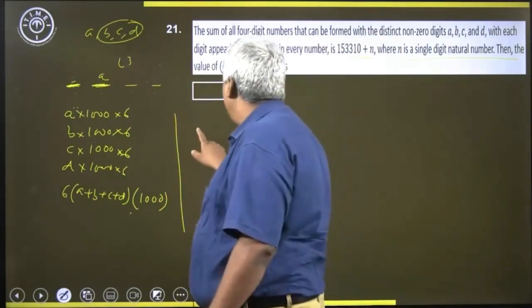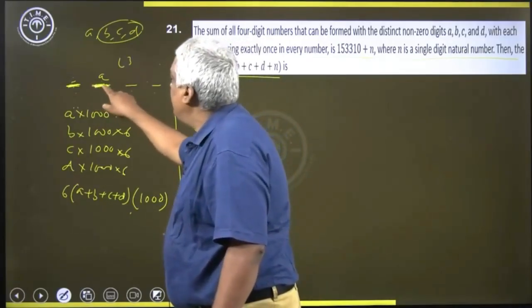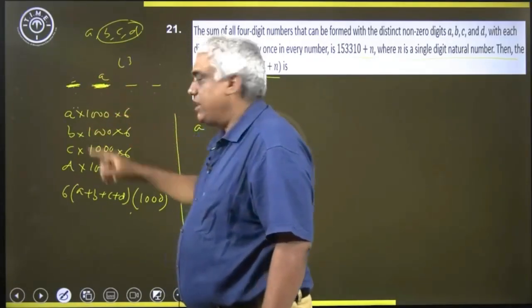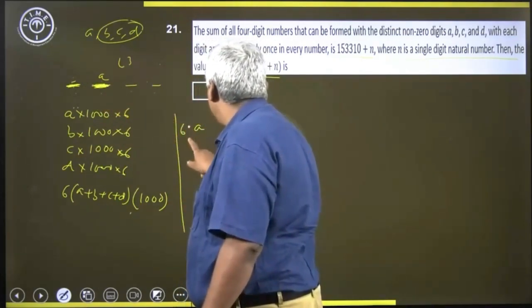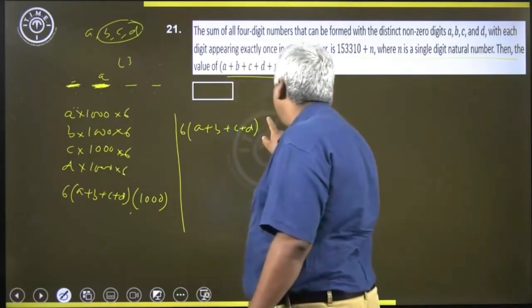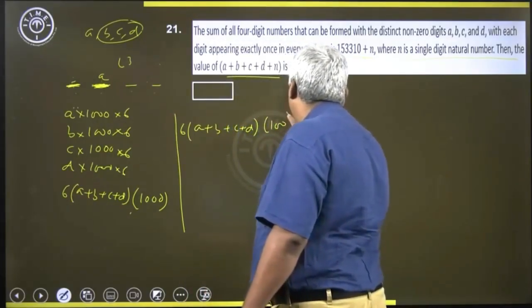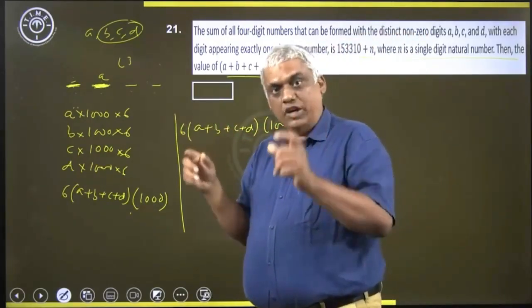Similarly, B will also appear 6 times. So the hundreds place sum will be 6 times (A plus B plus C plus D) into 100, right? This is the sum of the hundreds place of all the numbers.